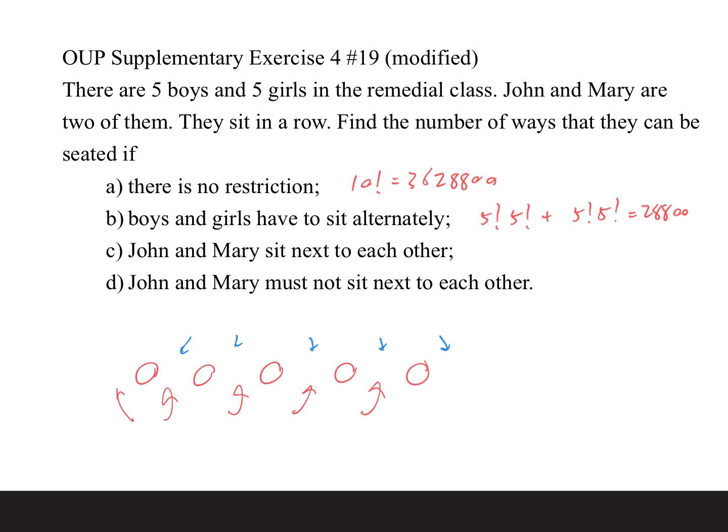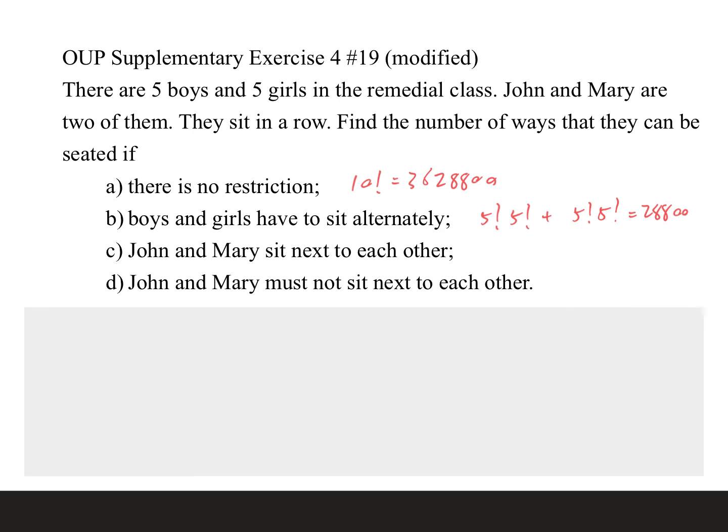Now, Mary and John must sit next to each other. If we are required such that Mary and John must sit next to each other, so let's say order 10 seats. 4, 5, 6, 7.